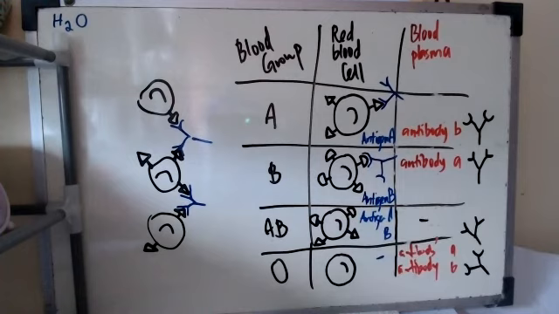But they say O is like universal donor. Yes, it's a universal donor. When you donate blood, you donate your red blood cell. Basically, the blood that you draw out, the person in the blood bank, they will separate red blood cell and antibodies away.